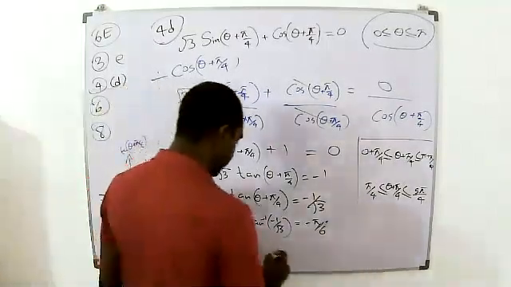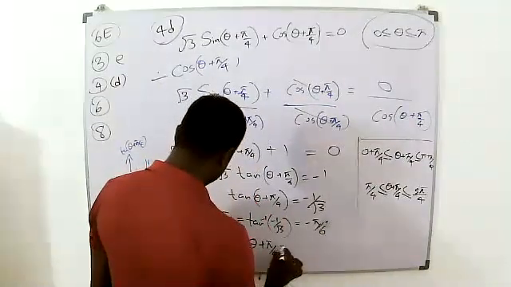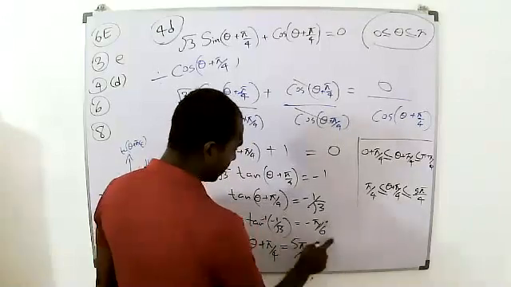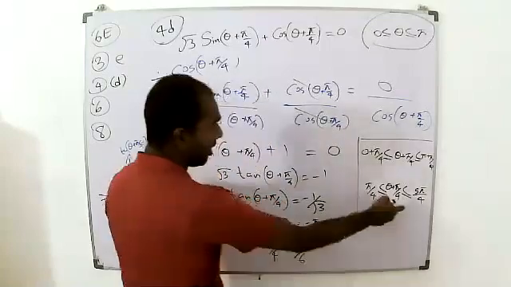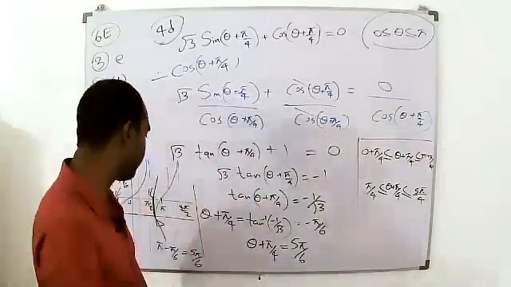So our answer will be (theta plus phi)/4 equals 5 phi over 6. Why didn't I take the other answer? It is not in our range. So we can't take answers which are not in our range.